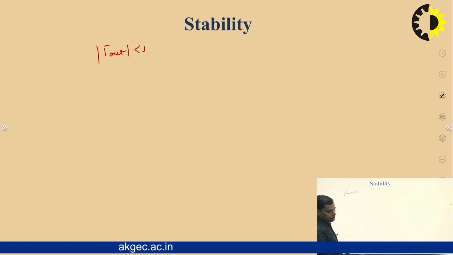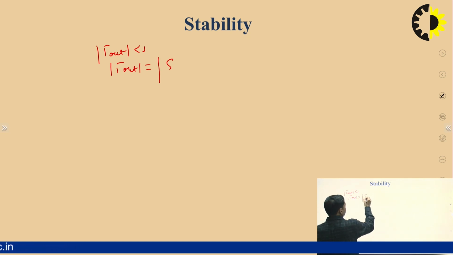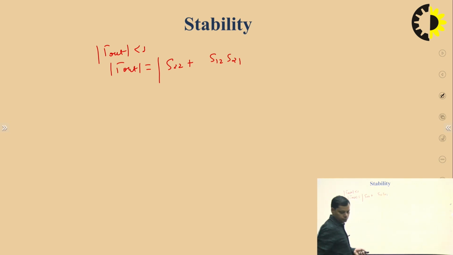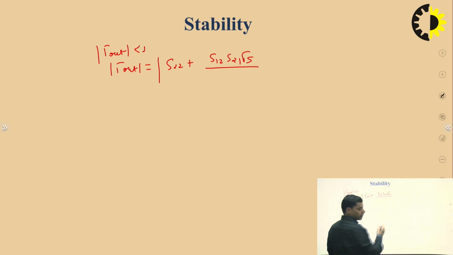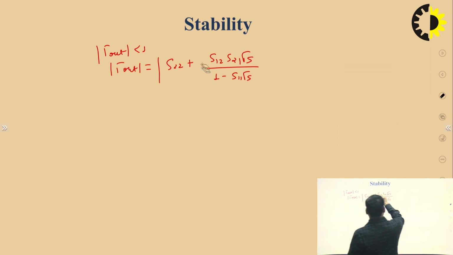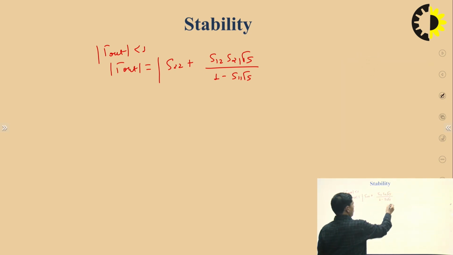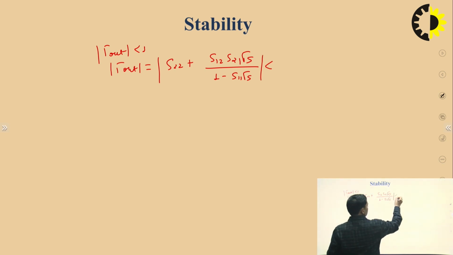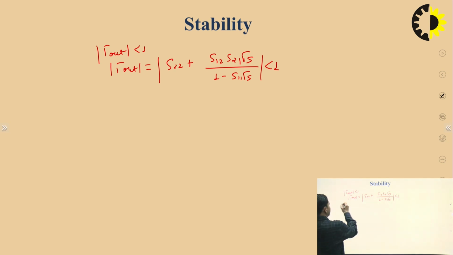In this condition, mod of rho out is given by mod of S22 plus S12 S21 rho S upon 1 minus S11 rho S. When we equate rho out equals to 1, we can solve for the value of the center CS. After simplifying we get the equation of the circle.